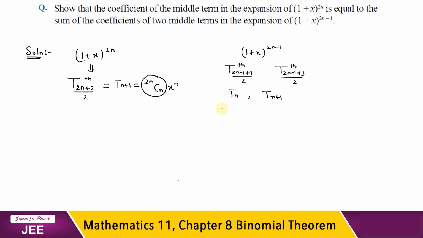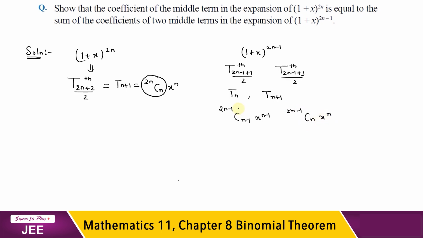So Tn is equal to, because we are calculating with respect to this exponent or this binomial, (2n minus 1)C(n minus 1) x raised to the power of n minus 1. And T(n plus 1) becomes (2n minus 1)Cn x raised to the power of n.